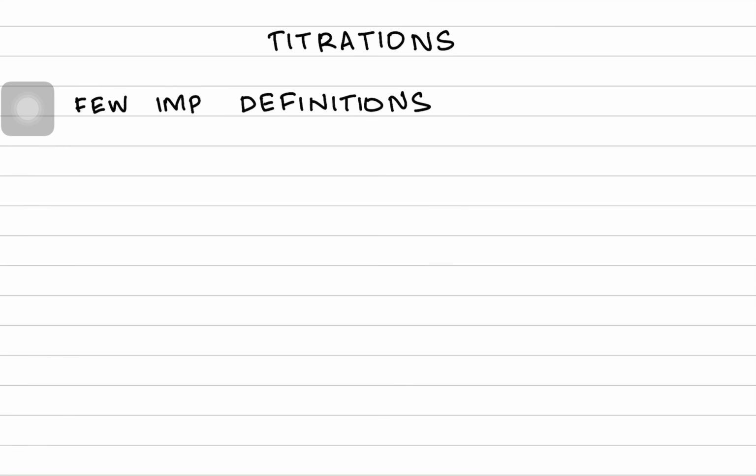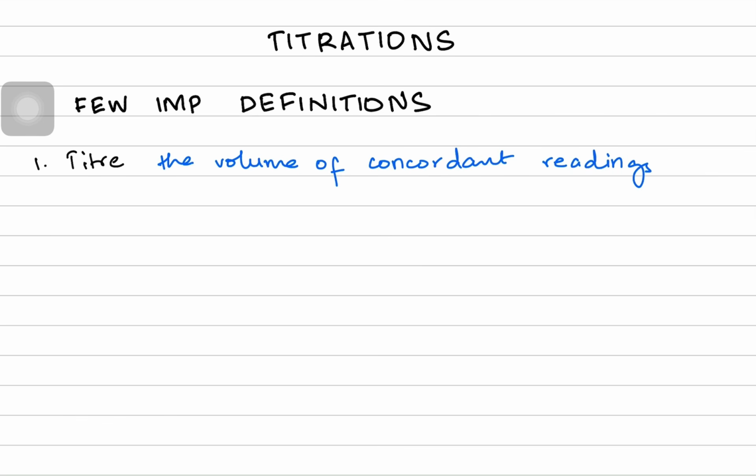The first definition we have is a titer. A titer basically is the volume of concordant readings from the burette.